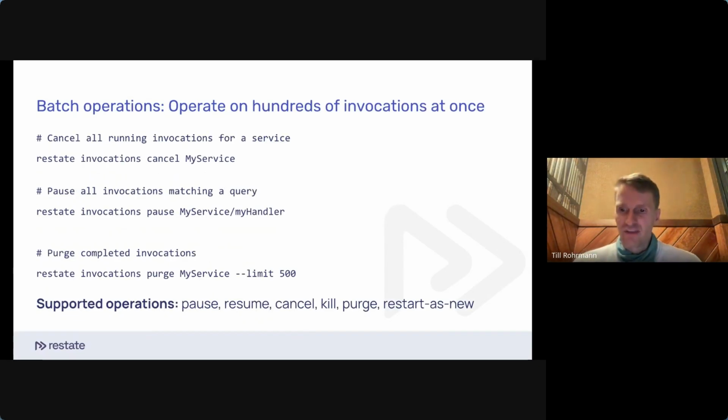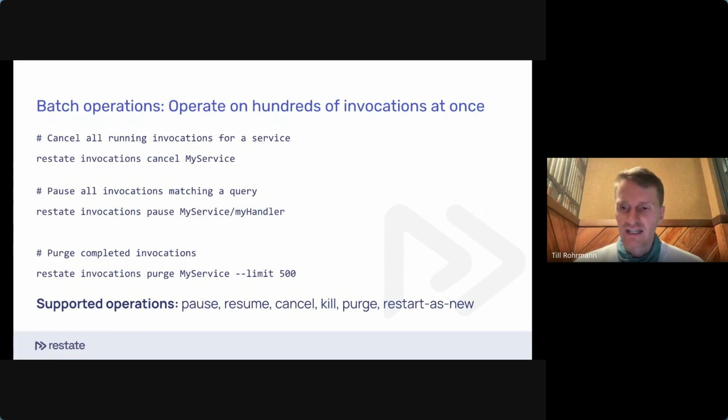All right, one of the annoyances that we heard from many users was that if they managed to move many of the invocations into a state where they needed to be killed, canceled, or purged, for example, and if they accumulated many of those invocations, it was painful to batch modify them.